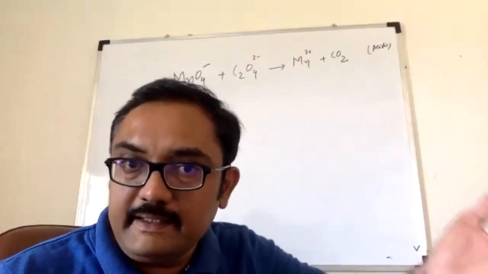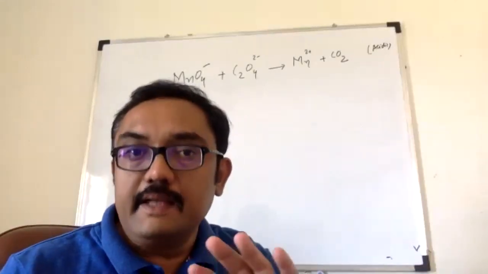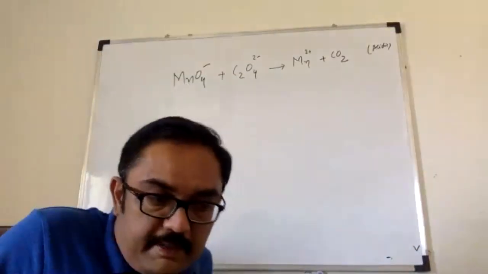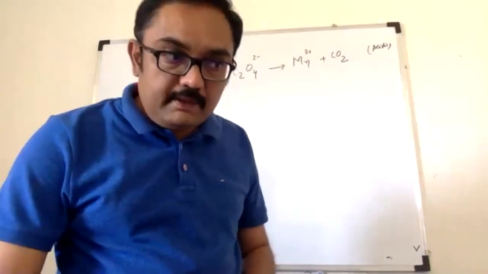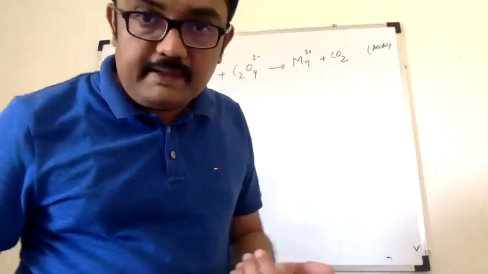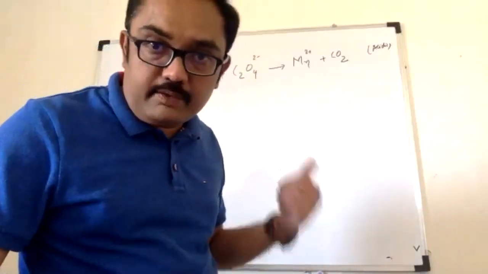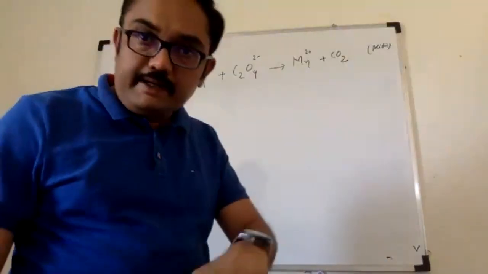And after solving 10, 12 redox reactions, the mistakes decrease. That's what I have observed so far. So I am giving you 2, 3 another equation to solve, because we will disconnect after 5-10 minutes. You take it in the homework, and next time you can discuss your doubt.